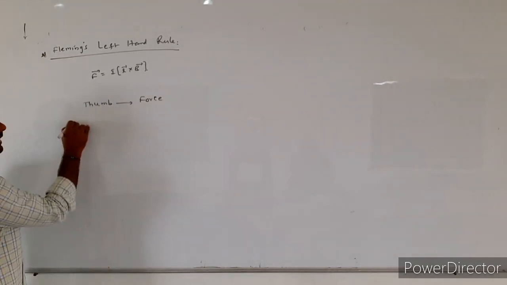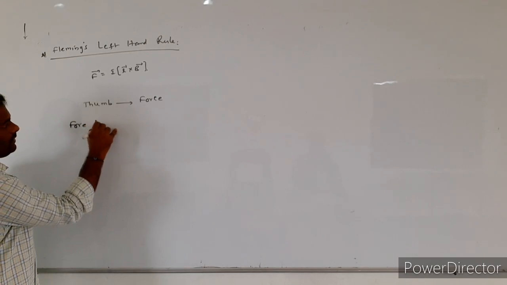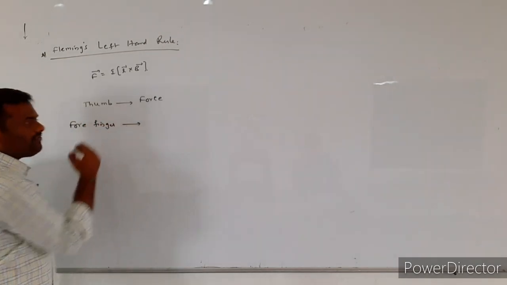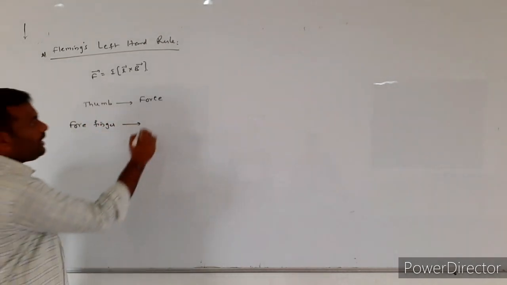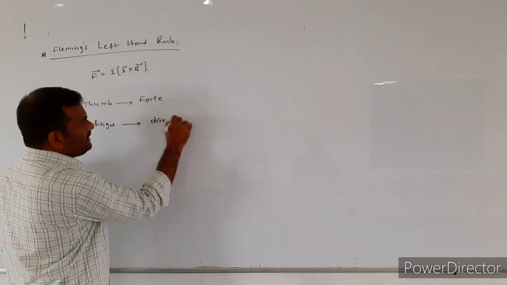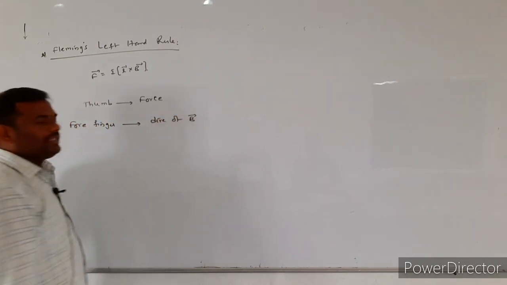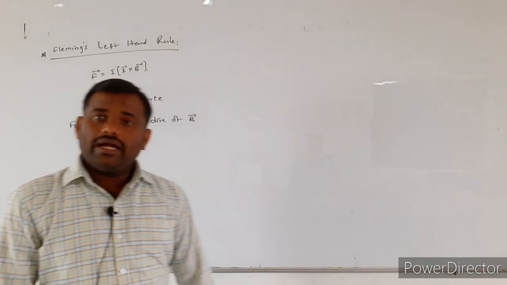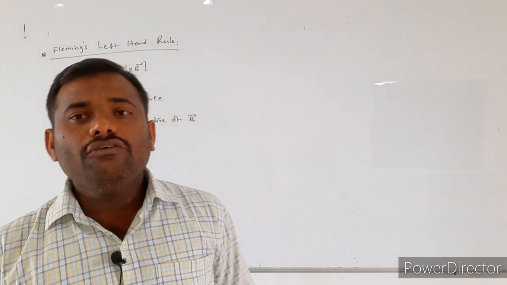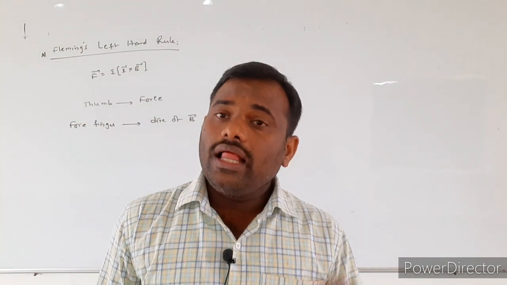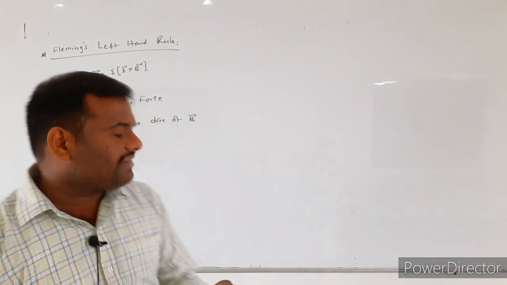Next, the forefinger is representing the direction of the magnetic field. So the thumb is representing the direction of the force, and the forefinger is representing the direction of the magnetic field.